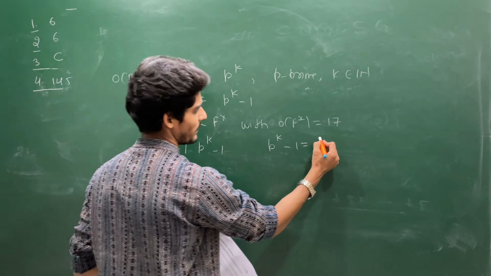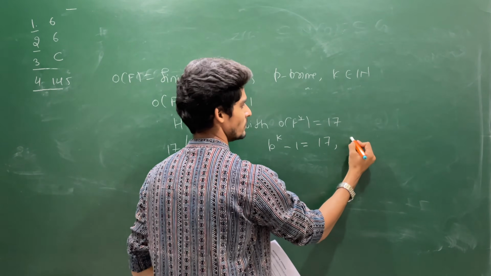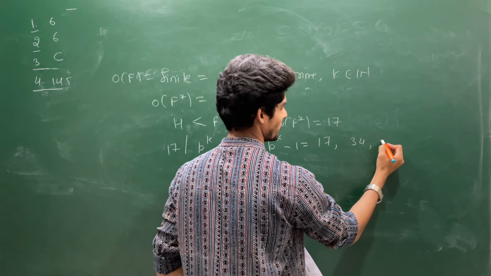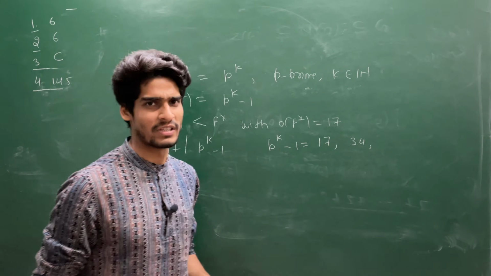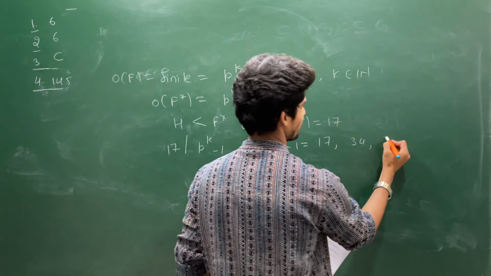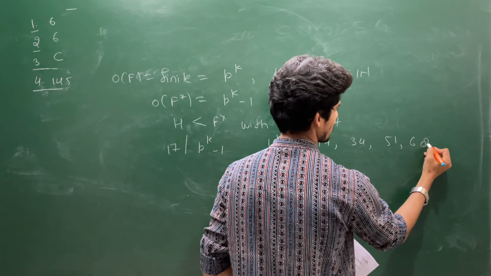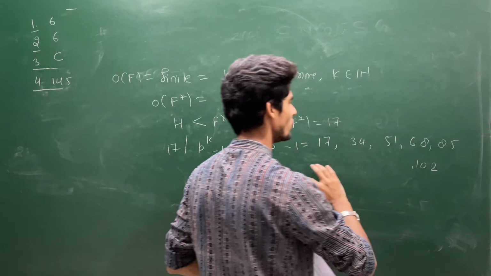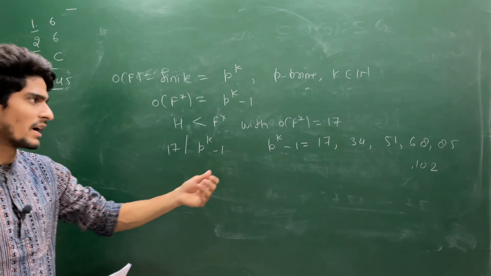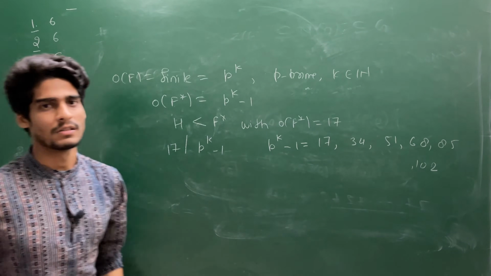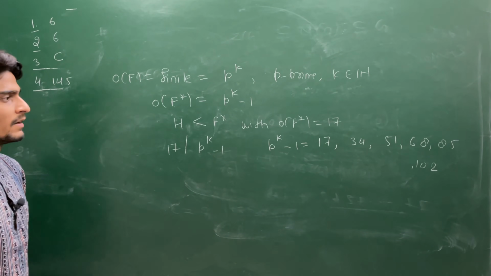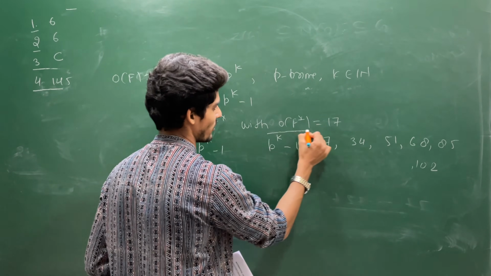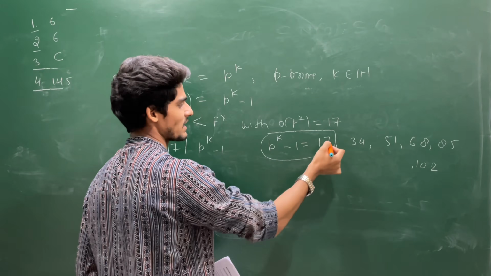So it should be 17, 34. I am writing 5 or 6 choices: 51, 68, 85, 102. This will be enough for our work. If it doesn't work, I would write some more multiples of 17. Can you give me a solution of this equation, p power k minus 1 equal to 17?